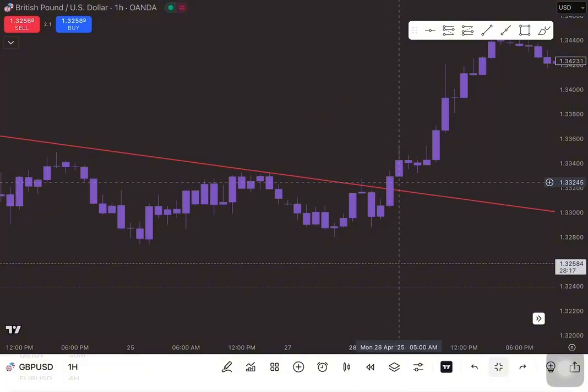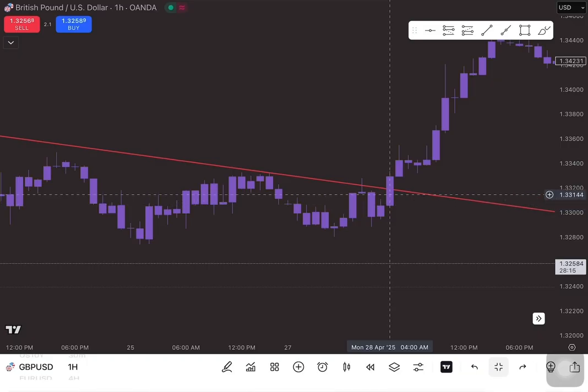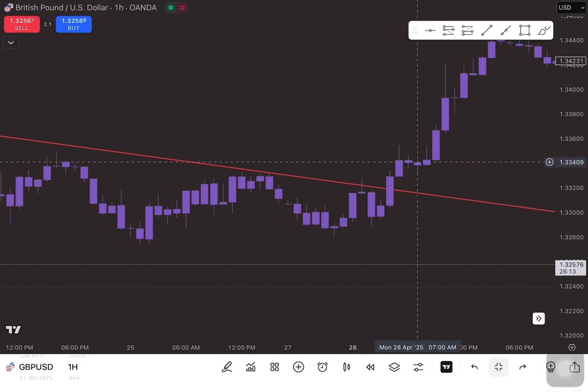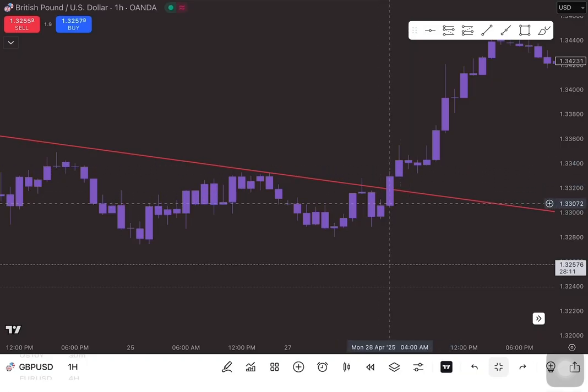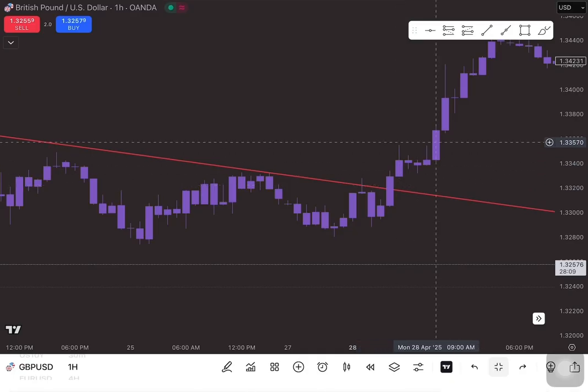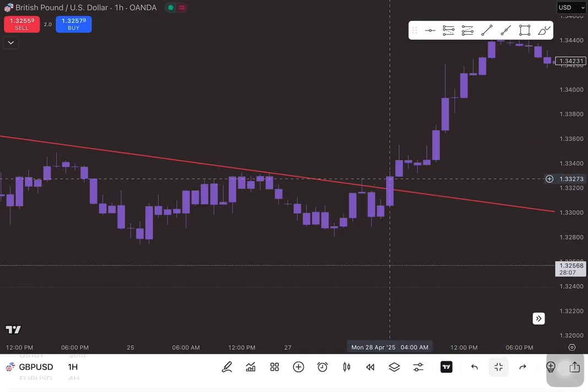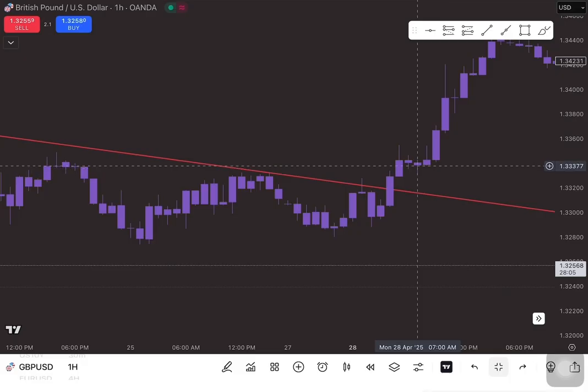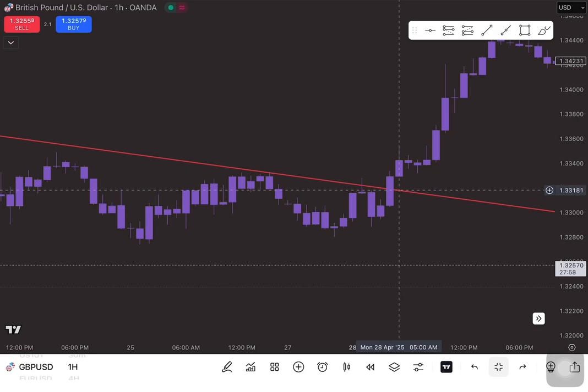Let me see, I'm trying to think what another scenario would have been. If the market would have continued, it would have continued to go up right here. A lot of times, unless you're actively paying attention and you catch it, which is why I'm always gonna remind y'all to set reminders on your trend lines so that you don't have to sit and watch the market all day.